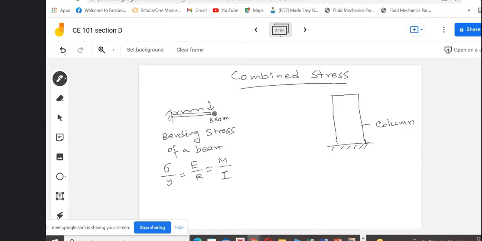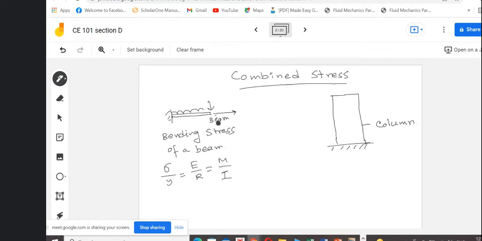So the beam axis is the horizontal axis, right? Because it lies horizontally. The loads we have seen act perpendicularly, or in the transverse direction, with respect to the beam axis. That was the definition and characteristic of this structural member.